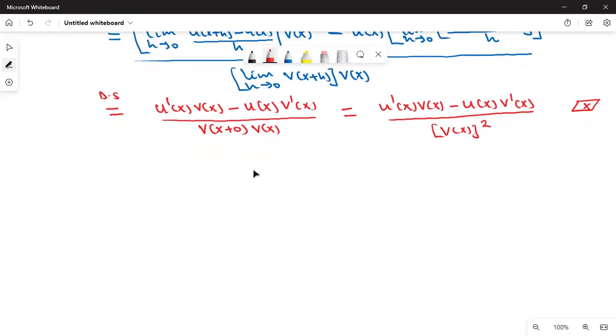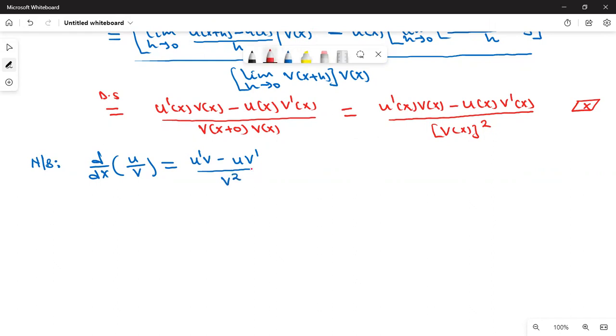So in summary, those x's can confuse somebody. You can simply take note that when you are differentiating a quotient, that is u over v, you need to get u prime v minus u v prime, everything divided by v squared.